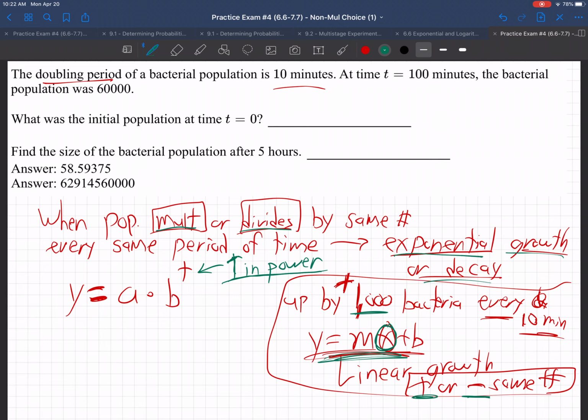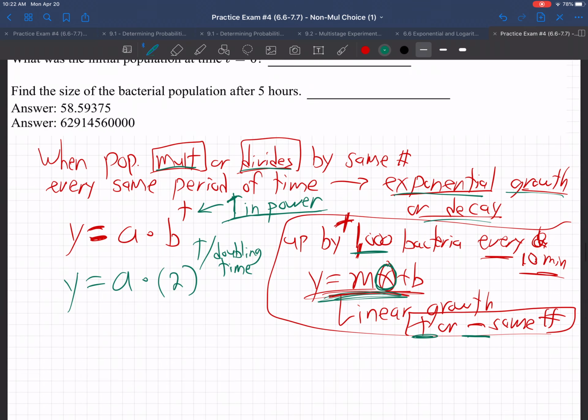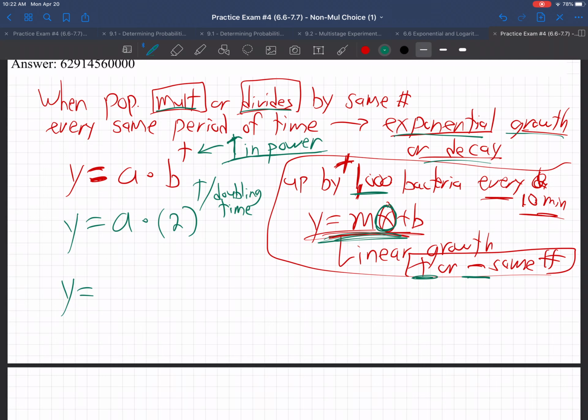All right, so we're doubling, and when you have the doubling, that's the 2, so that makes the base 2, and the exponent will be t over the doubling time. So this will become a times 2 to the t over, now what's the doubling time?